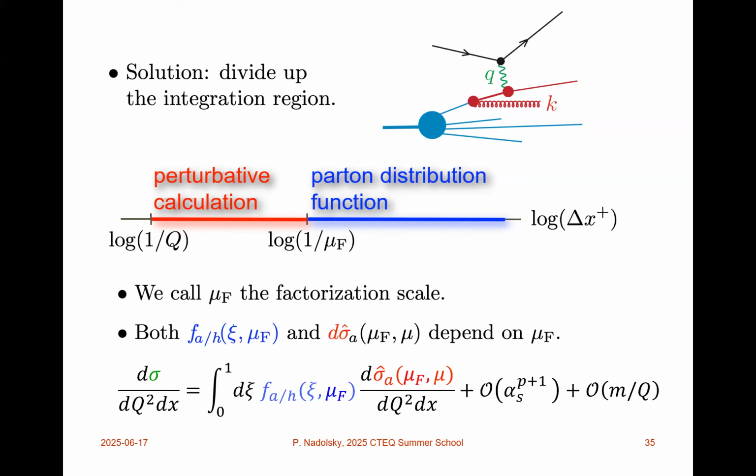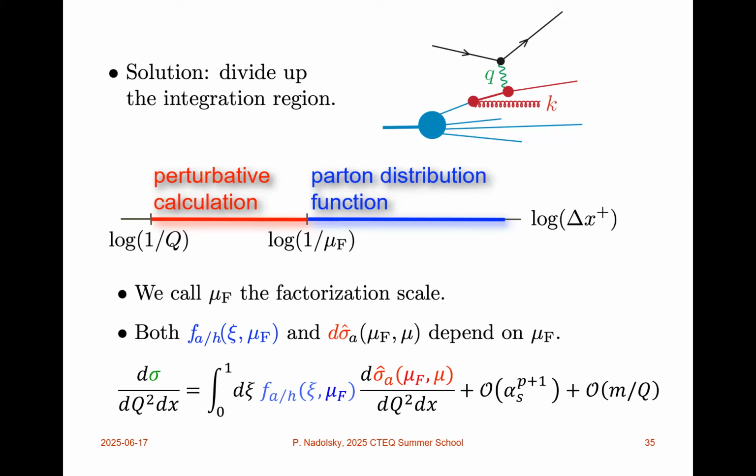So what also happens, and I can quickly emphasize, is that there is another way to think about this factorization: we can have a short wavelength radiation, which is associated with the hard scattering, and the long distance radiation, which is associated with the non-perturbative scattering. And of course, if we try to calculate all radiation at once, we will be impeded by these large logs coming from the integration.